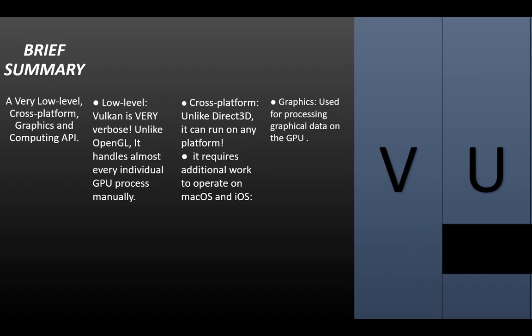What is graphics, basically? Graphics is used for processing graphics data on the GPU. Okay, we draw stuff on the screen, right? Like triangles or squares or a lot more stuff. We draw graphics on the screen.